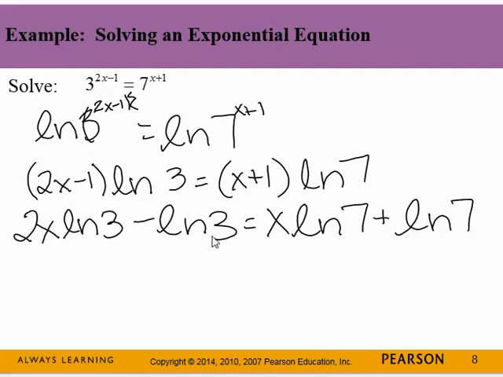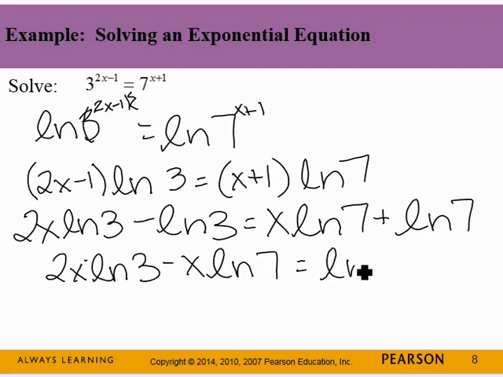You want to get all of your x's on the same side and all of your non-x's on the same side. So that means I'm going to subtract my x ln 7 and move it, and I'm going to add my ln 3. So that will end up with the originally simplified expression.